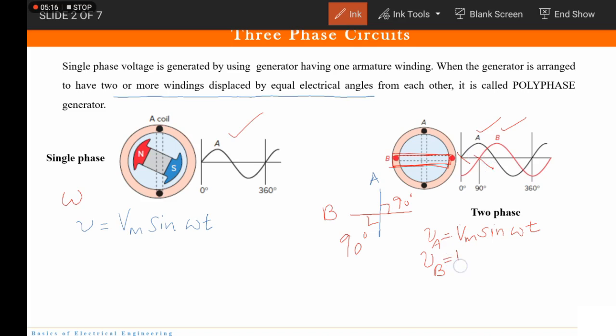So this signal B will be represented as, now what is going to be the phase shift? Phase shift is going to be 90 degrees. Okay, so this is how two-phase signal looks like. Fine, is it clear? Yes.